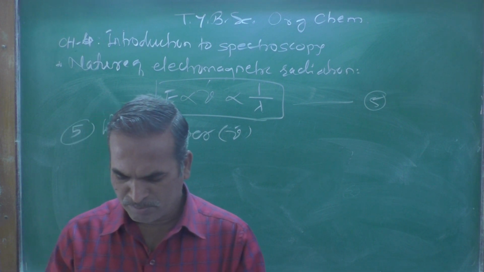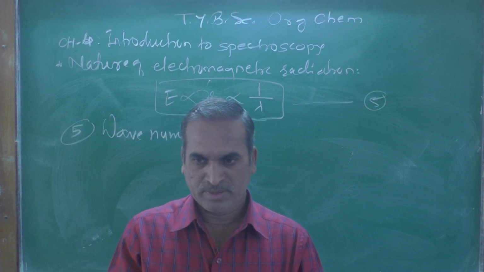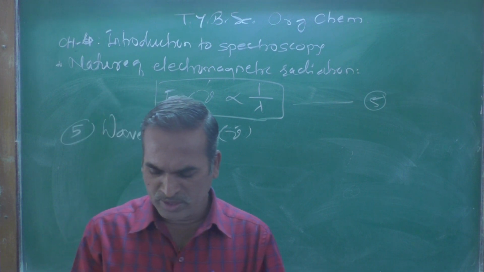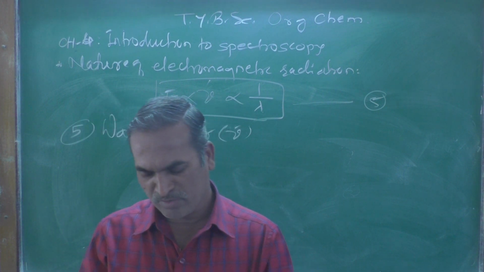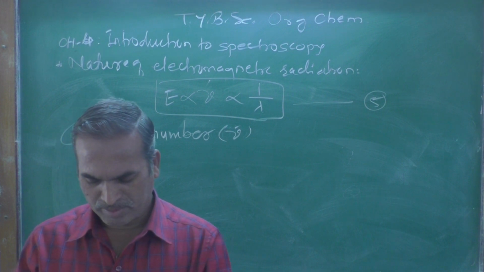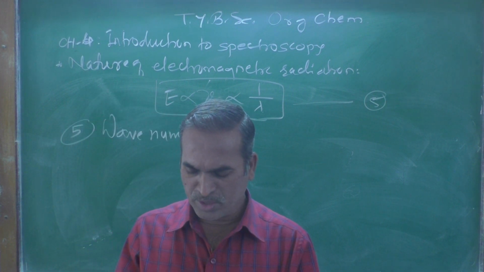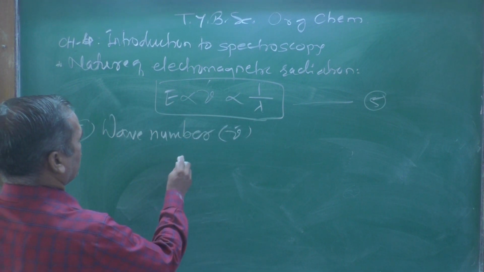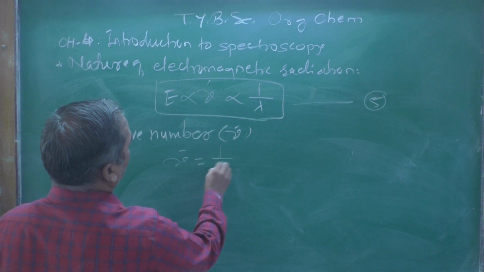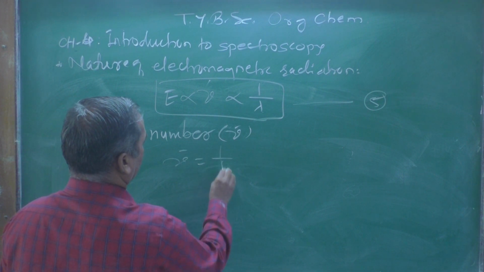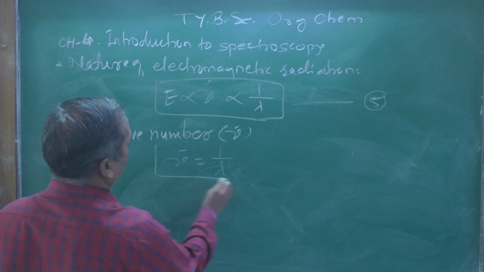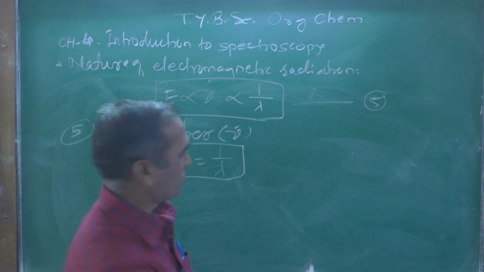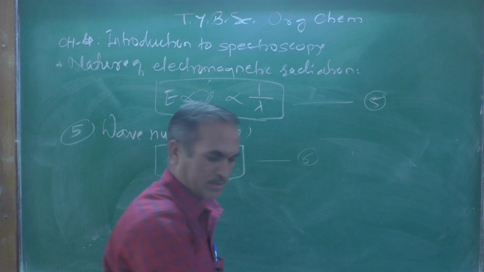Listen to the definition carefully: the number of waves per unit length is called the wave number. Therefore mu bar is equal to 1 upon lambda. This is equation number 6.